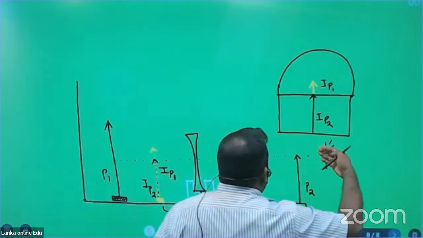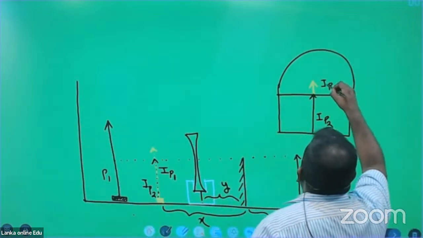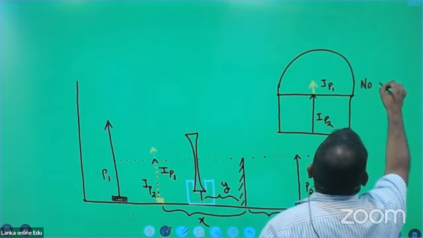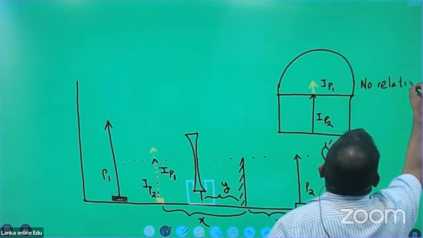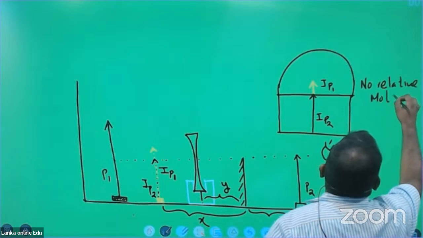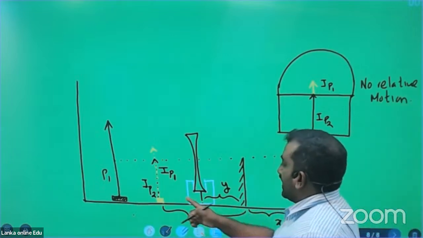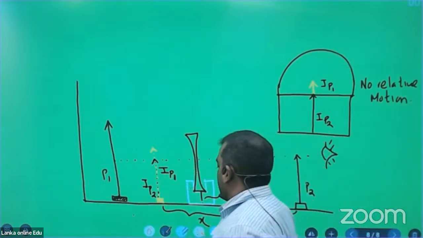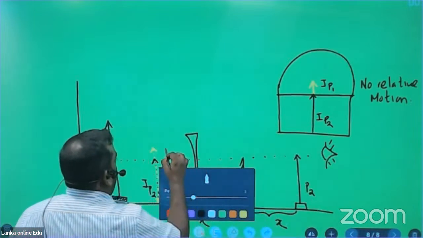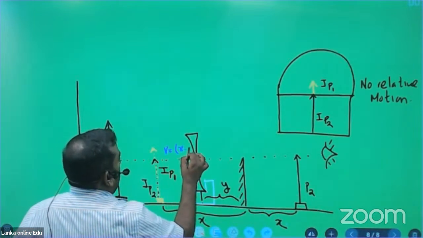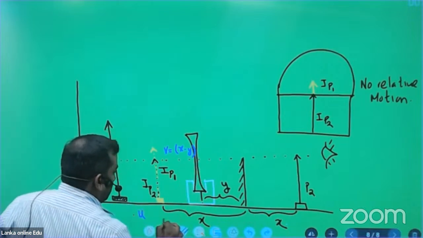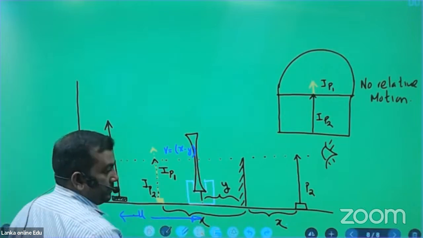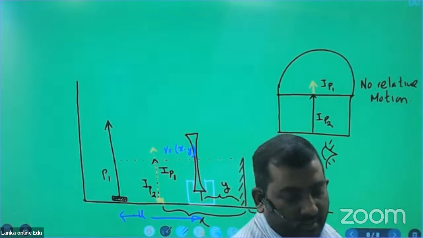That means when I move the eye in the lateral direction, there is no relative motion. So this distance x, this is y, this is x minus y. X minus y, image distance can be found. This is your object distance. This is the method, right?